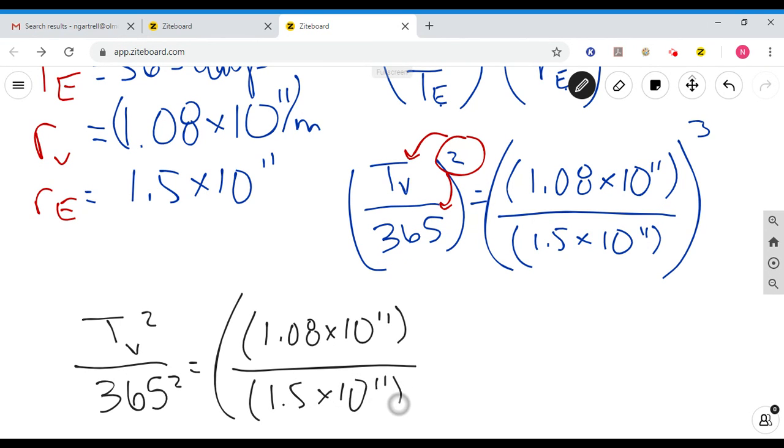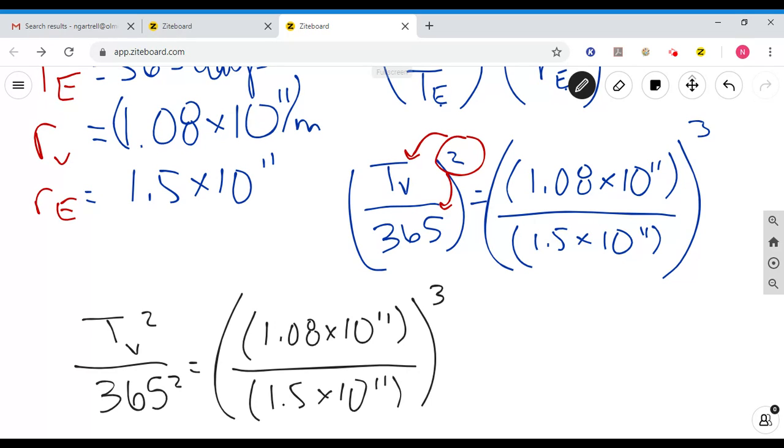And that quantity is cubed. For some of you, the most challenging part is probably plugging this into your calculator. You just have to not rush when you do it, because rushing, you're going to forget parentheses, you're going to forget squares and cubes and exponents and things like that.